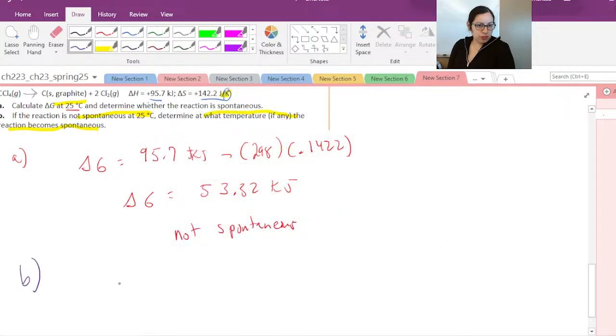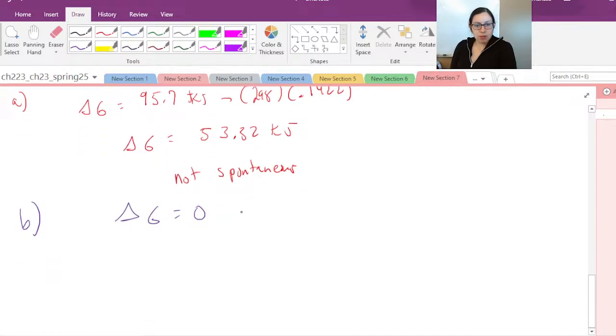And then from the chat, the suggestion is to set delta G equal to 0, to get right at that point. And I see nods, so it looks like that's what everybody did.